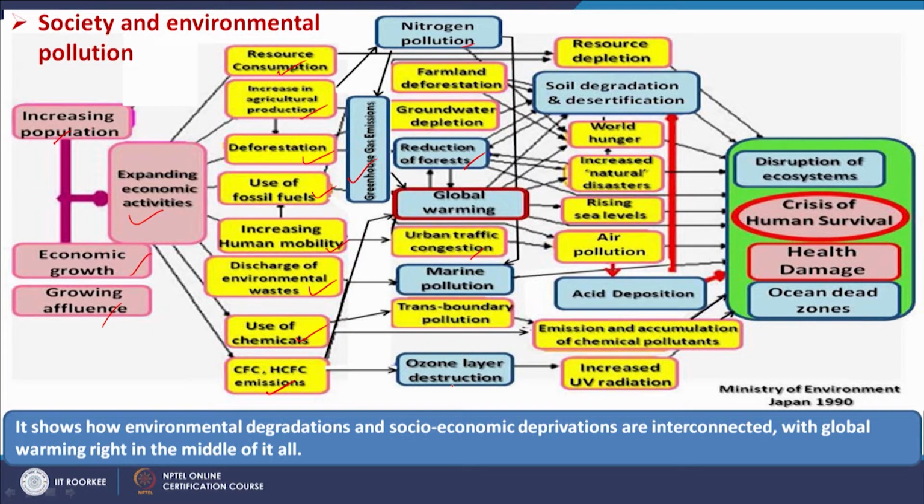And other impacts are also resource depletion, soil degradations and desertification, world hunger, increased natural disasters, rising sea levels, air pollution, acid depositions and emissions and accumulations of chemical pollutants and increased UV radiations. As a whole, the human survival is under threat, or this is the crisis of human survival.